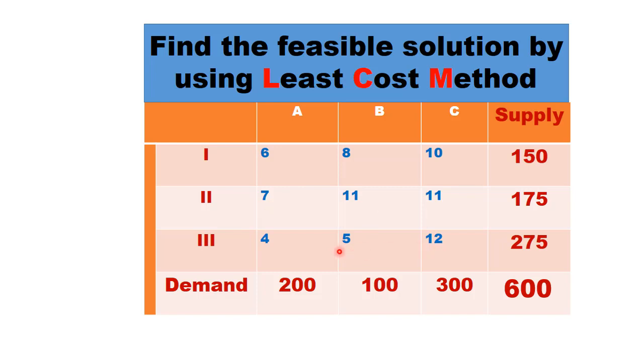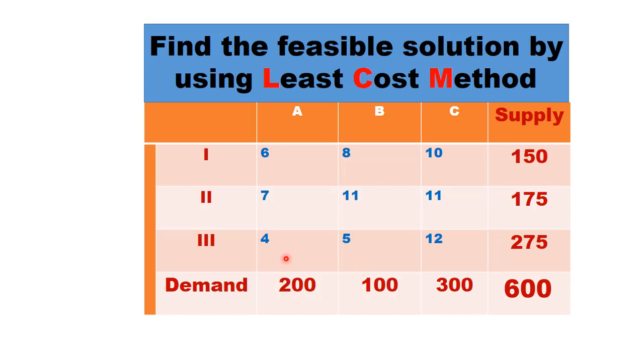The minimum cost is 4, that is source 3, destination A, cell 3A. As much as possible is allocated to this cell. The choice is either 200 units or 275 units. Even though 275 units could be supplied to cell 3A, the most we can allocate is 200 units, since only 200 units are demanded.